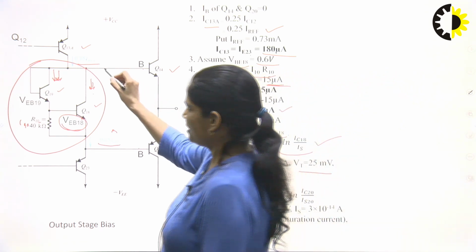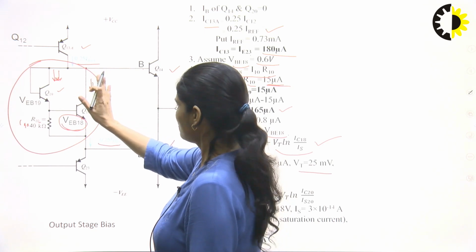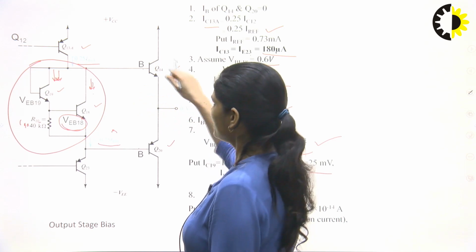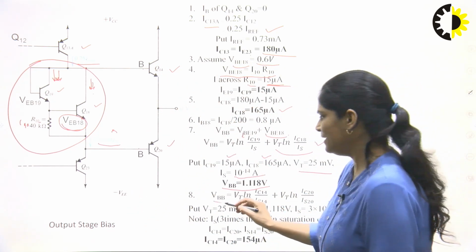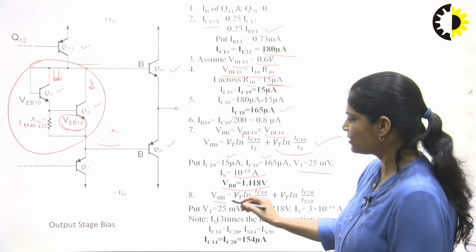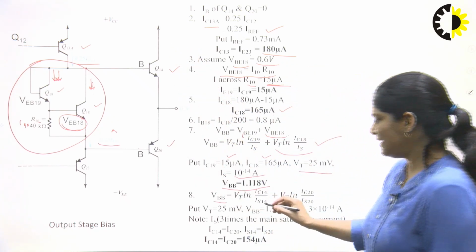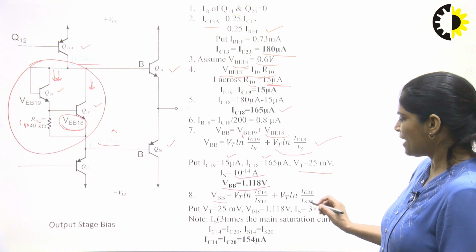Now you know the voltage across this B to B point. This voltage across this circuit diagram is equal to the voltage across these two transistors Q14 and Q20. You can write this equation: VBB is equal to VT ln IC14 upon IS14 plus VT ln IC20 upon IS20.